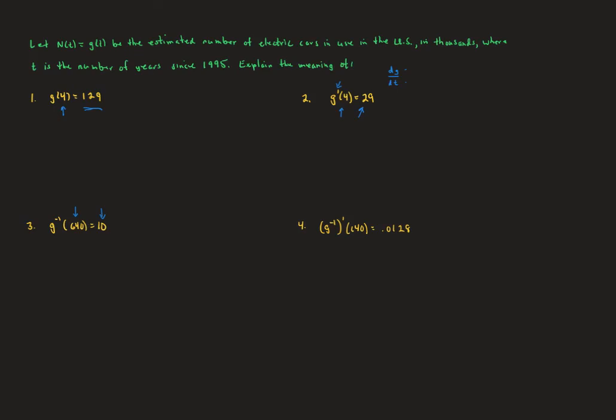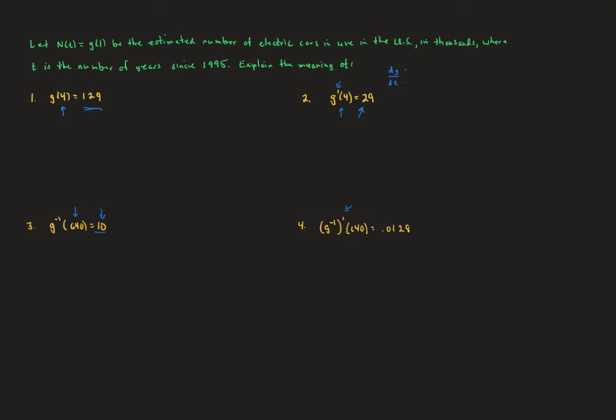Trying to say this in a way that makes sense can be challenging, but something like the number of electric cars in the US will reach 640,000 10 years after 1995, so in 2005. Another way of saying it is it's going to take until 2005 for the number of electric cars in the US to reach 640,000.